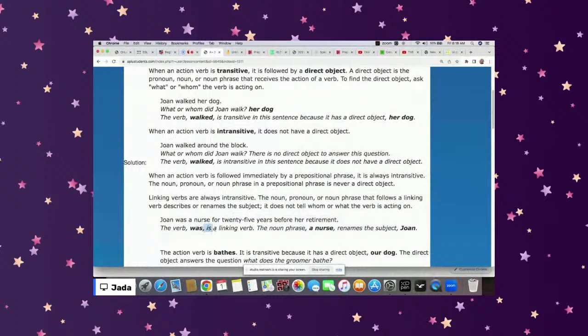Now, Joanne was a nurse for 25 years before her retirement. The verb was is a linking verb. Of course, you know linking verb. So, linking verb was is there. And then the noun a nurse renames the subject Joanne. So, the noun phrase there is a nurse and it renames the subject Joanne.